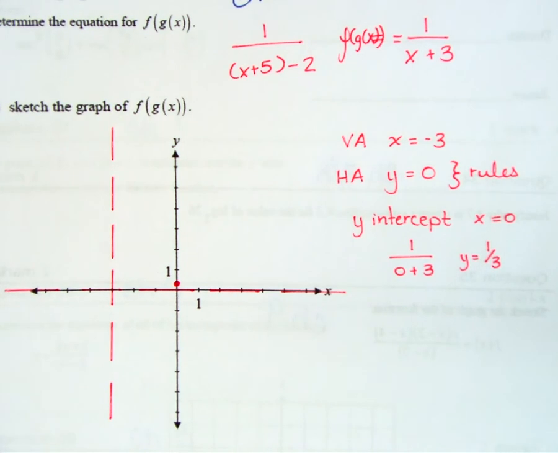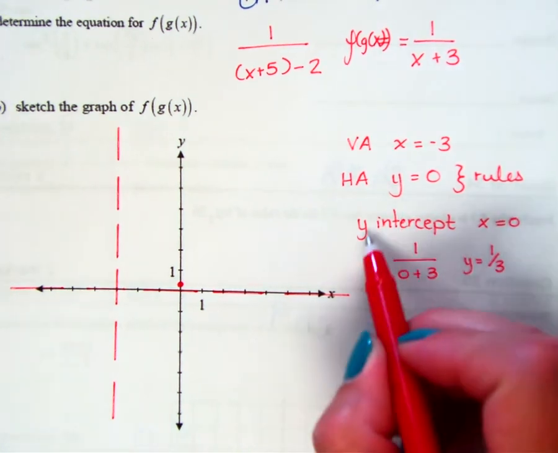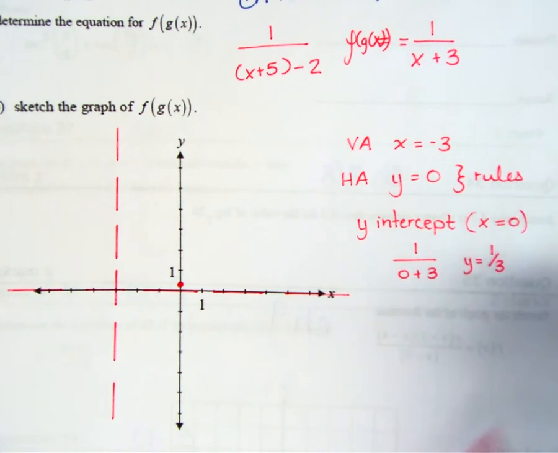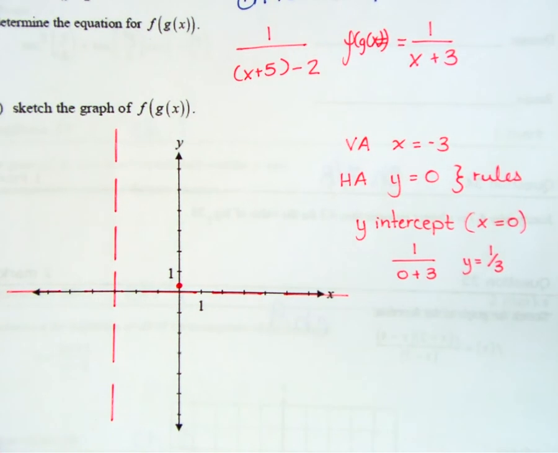Okay. So now what is our next strategy for this? Pick points on both sides. So if we put in a -1, yeah. When we're looking for the y-intercept, we know that x has a value of 0. There is no x-intercept because we have an asymptote there.